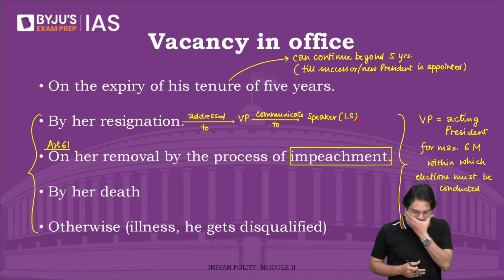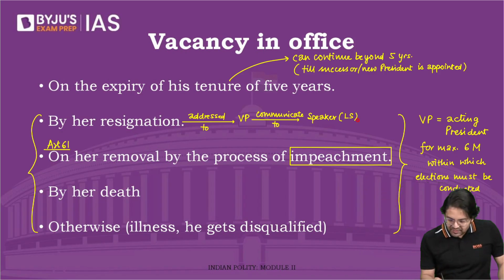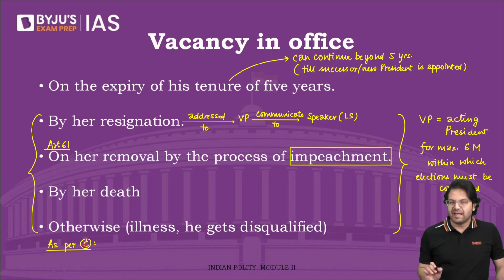Now, one small point. As per the constitution. Remember, we had decided yesterday that we can use this symbol for constitution. So please don't ask me what is this C. As per constitution, if there is no president because of any reason, then who becomes the acting president?